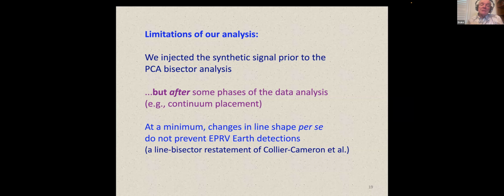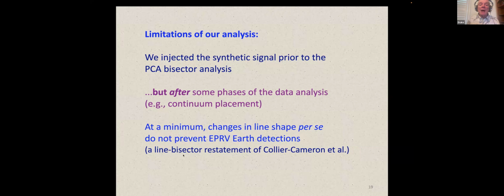So in principle, it could be that there is some aspect of placing that continuum that would contaminate our analysis. But at a very minimum, what we can demonstrate is that changes in the line shape by themselves, the line shape per se, do not prevent the extraction of an Earth-like radial velocity signal and will not prevent EPRV Earth detections.